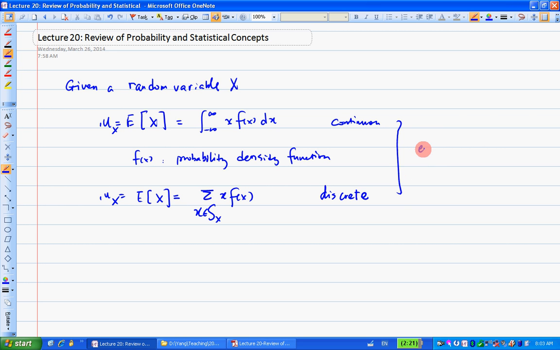So these are expected values, and this is a statistical equation.